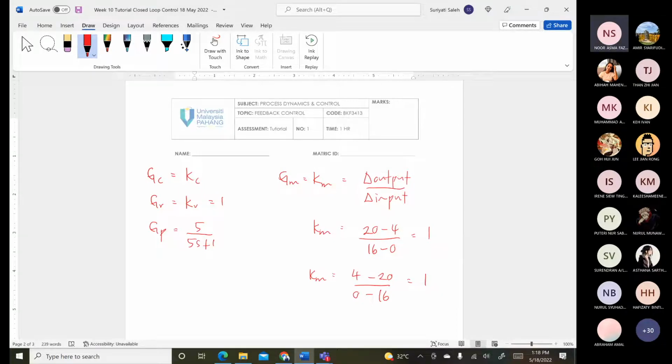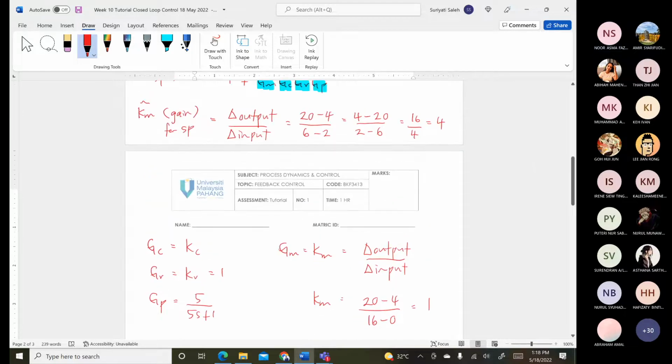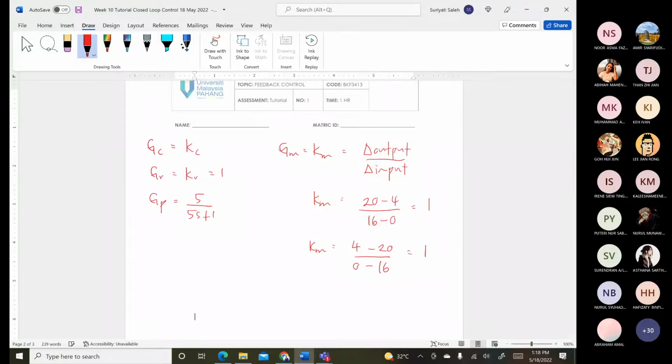What I want to highlight is that the KM bar will not be equivalent to your KM. Please remember this.